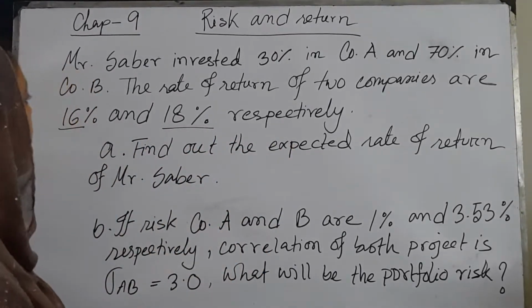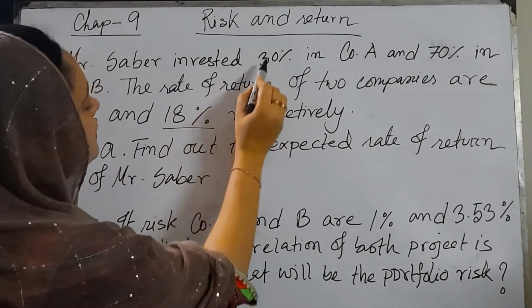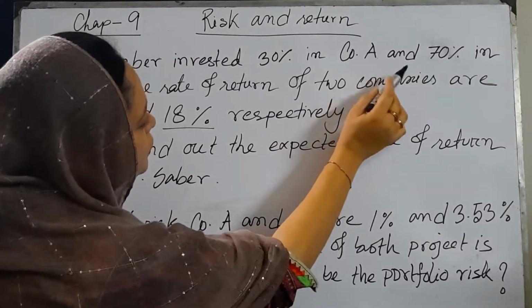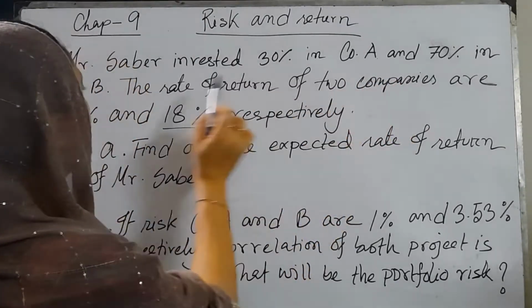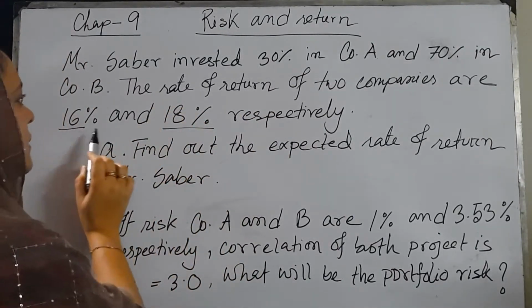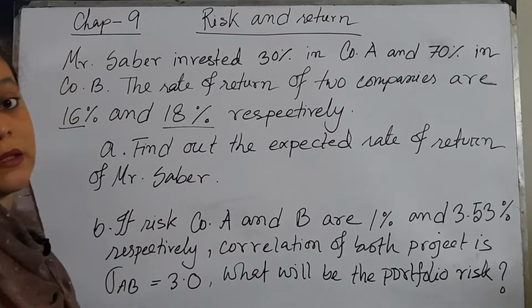Respectively means in project A the invested amount is 30% and in project B the invested amount is 70%. The rate of return of company A is 16% and company B is 18%. Those are the information.